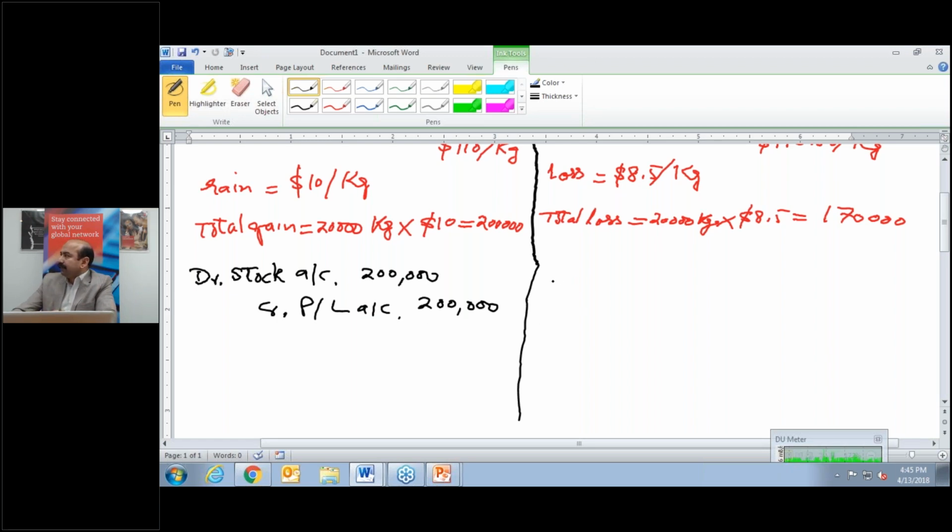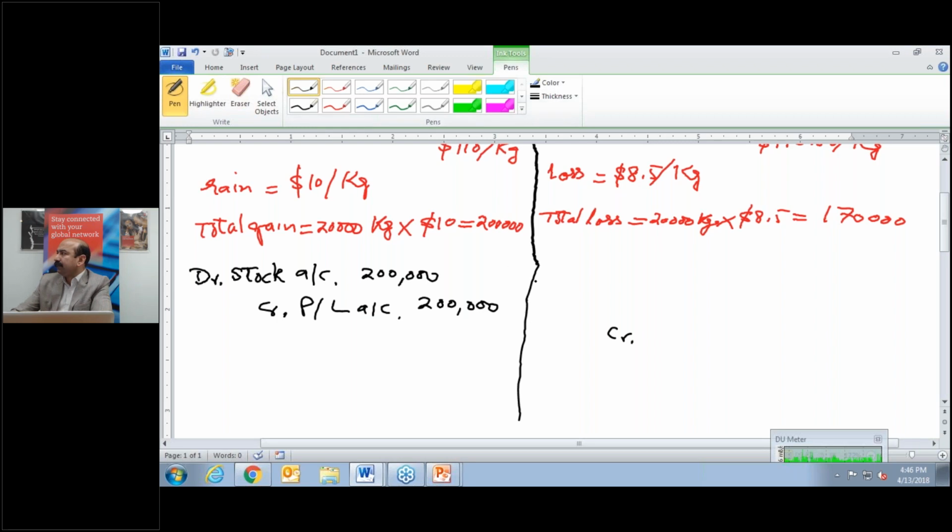Now for this, credit, as we studied day before yesterday, the forward contract at loss. This forward contract is at loss, so this is your financial liability. But if the forward contract is at gain, then this will be your financial asset. Here, instead of using financial liability, I can mention forward contract account.